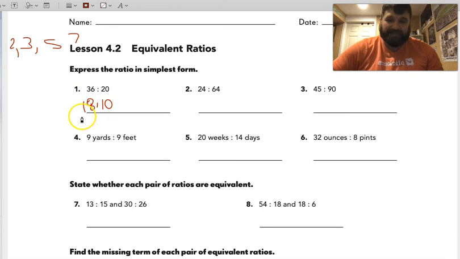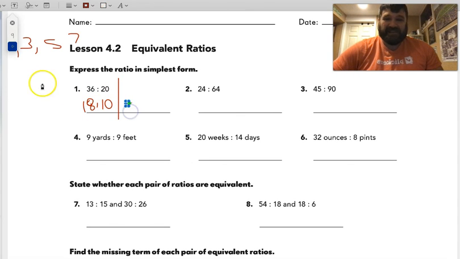If we split it again, because they're still even, and I know there are still some factors in there, I can keep taking stuff out of it. So half of 18 is 9, and half of 10 is 5. So then I would be done.